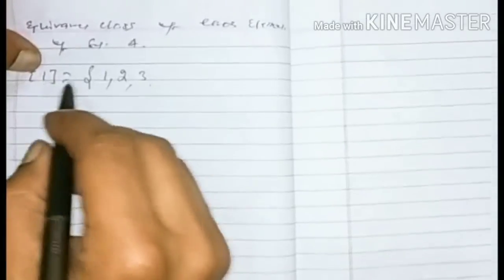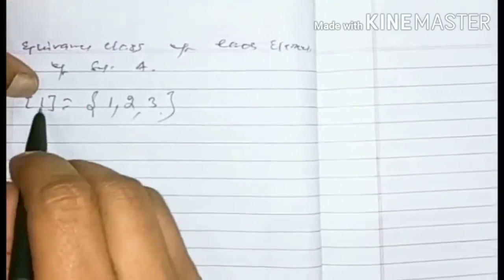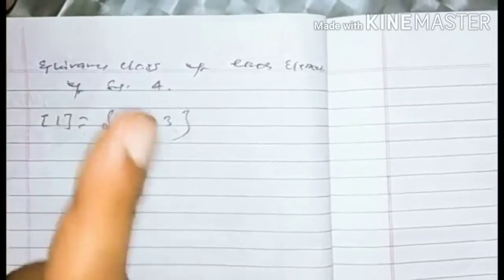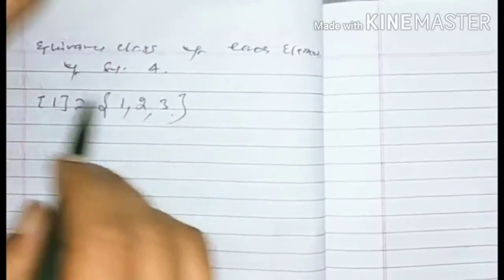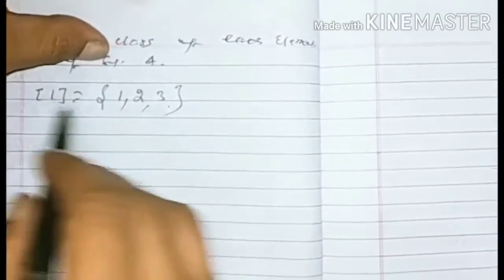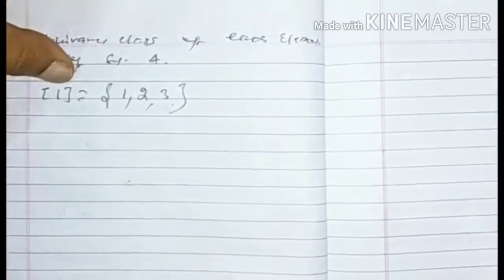Hence the equivalence class of 1 is the set of elements 1 related to 1, 1 related to 2, 1 related to 3.